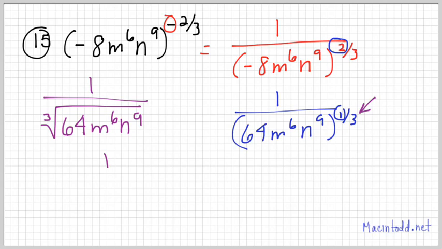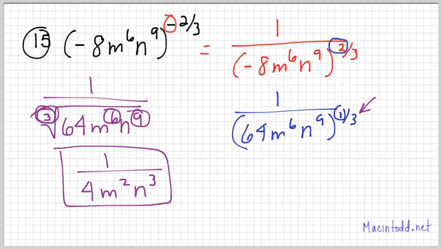Well, the cube root of 64 is 4, because it's 4 times 4 times 4. Here I use the division property. It's 6 divided by 3 is m squared, and 9 divided by 3 is 3. I don't have any radicals in my denominator. I've taken care of the exponent, and I'm done.